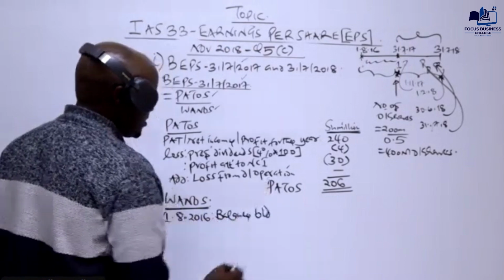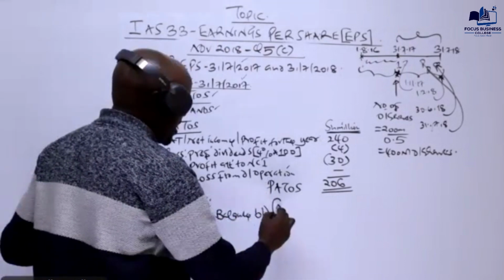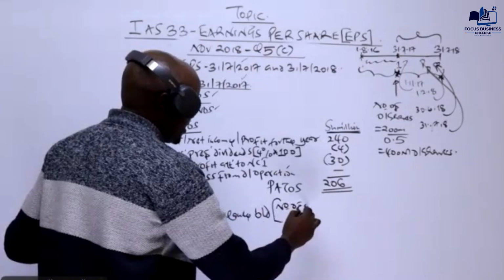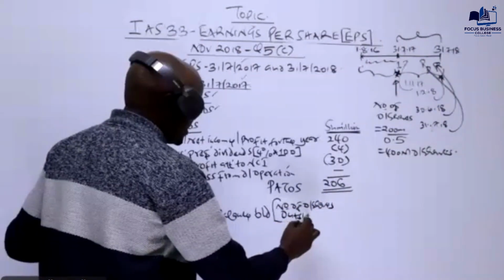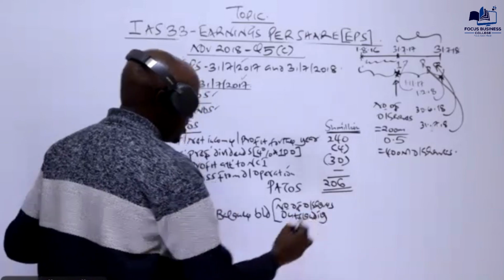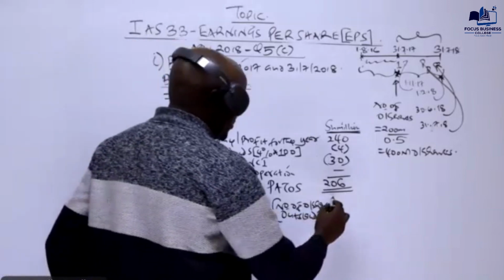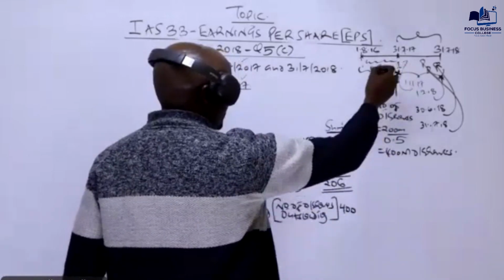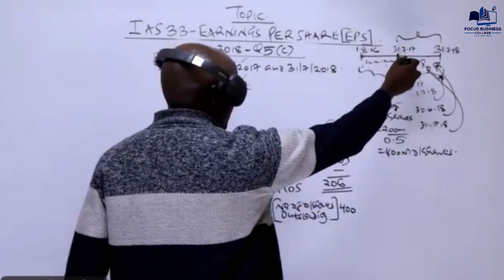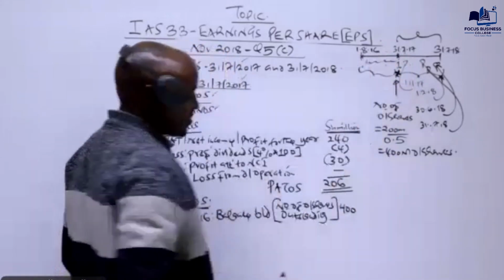Basically, we refer to that as balance brought down. Balance brought down is the number of ordinary shares which were outstanding at the start of the year. So in this case, there will be 400 million, because if there were no shares issued during that year, the shares issued at the start were the same.